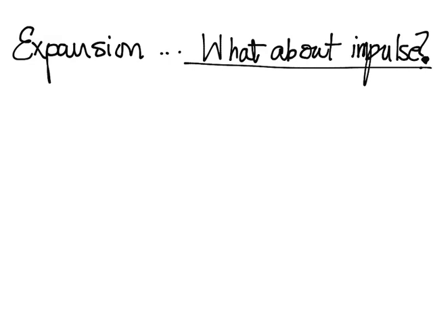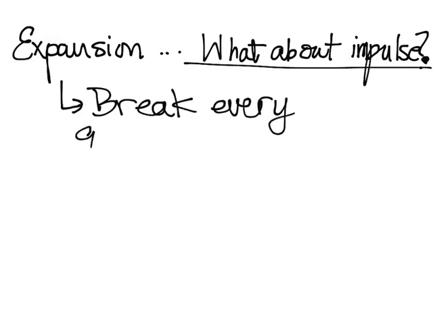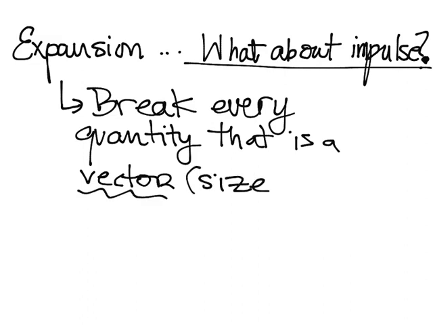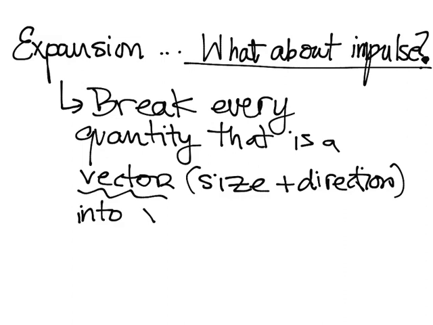The answer is that we can break pretty much every quantity that is a vector, remember that vector just means it has both a size and direction, into x and y.